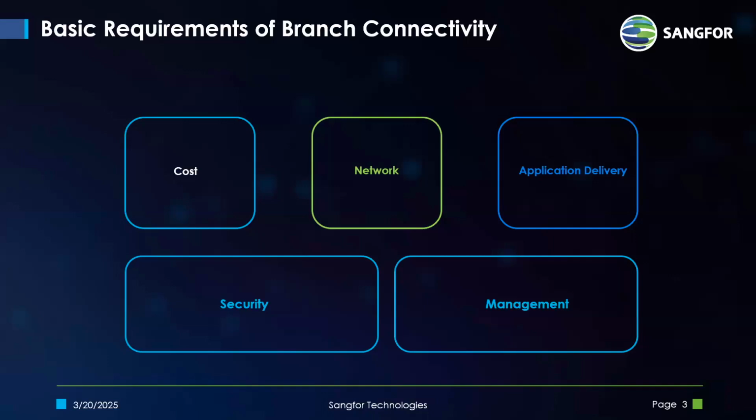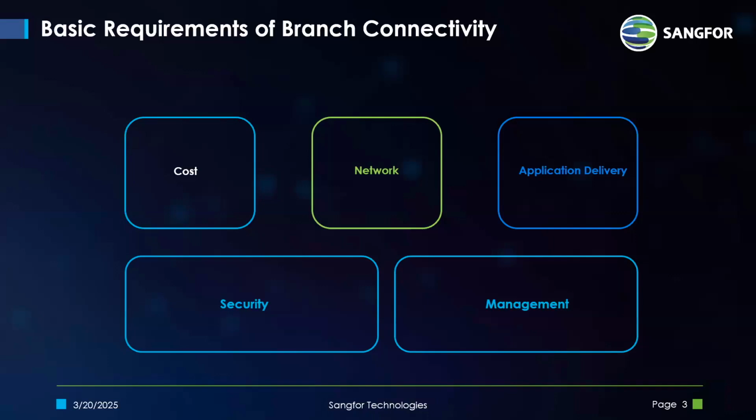There is security of transmitting company related data across the public internet, as well as protecting your core users and your core assets across different locations. Then lastly is management. In management, we're talking about both deployment of these branch locations, as well as monitoring and pushing out different policies centrally.